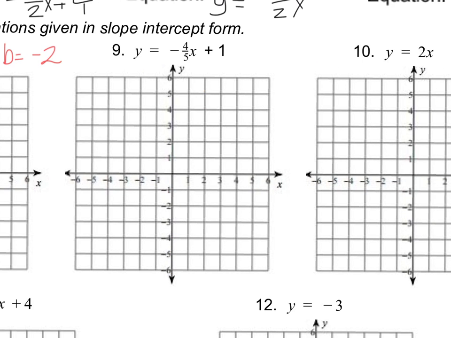Number 9. Let's talk about our M. Let's talk about our B. Our y-intercept is 1, and our B is negative 4/5. If our B is negative 4/5, what does that tell us about our slope?